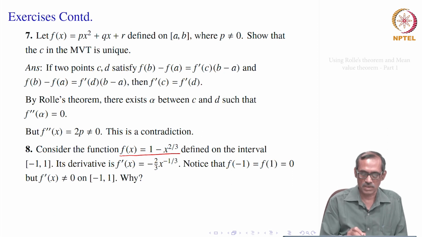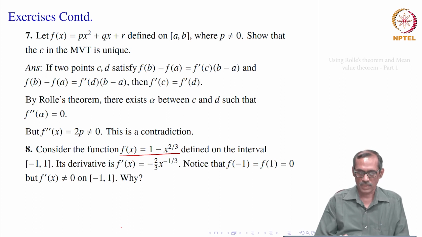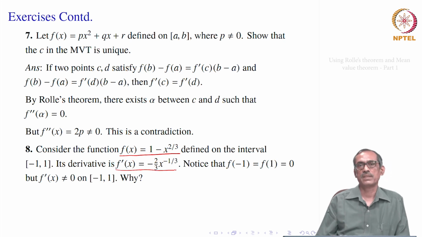So, consider this function f, which is defined from the closed interval minus 1 to 1 to r given by f x equal to 1 minus x to the power 2 by 3. Now, if you differentiate it, you would get 2 by 3 into x to the power minus 1 by 3 with negative sign, 1 becomes 0. So, f prime x is equal to minus 2 by 3 x to the power minus 1 by 3, that is its derivative.